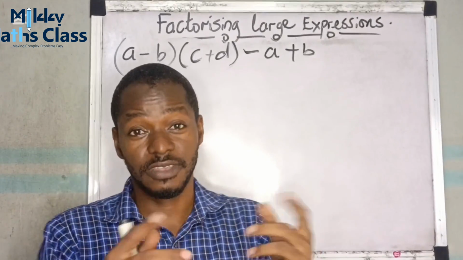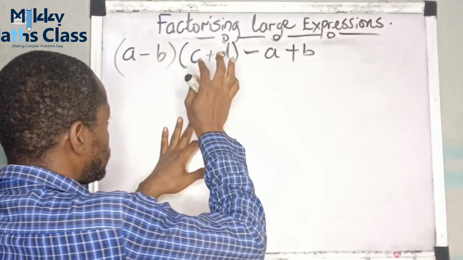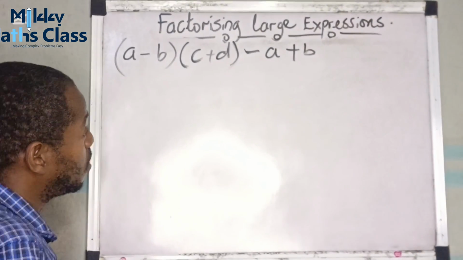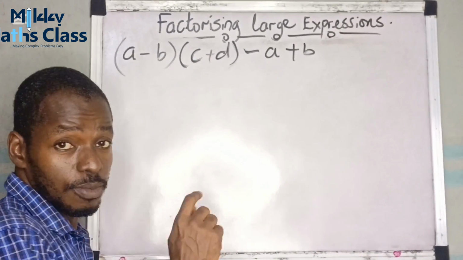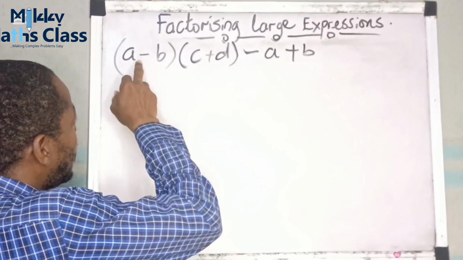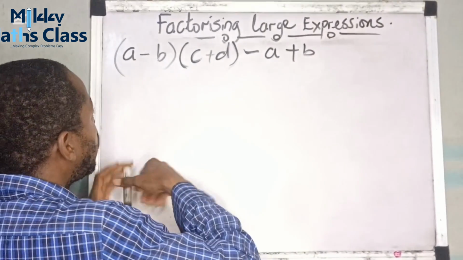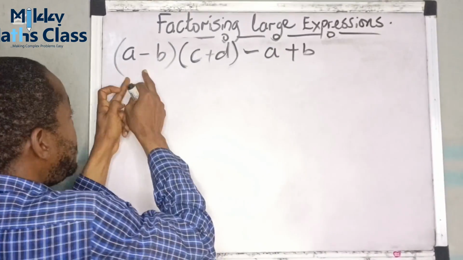All right, let's look at this example also. We have a minus b into brackets times c plus d minus a plus b. This is slightly different from what we have been doing, but not too much of a difference. We have a and b here, but here I have a minus b, but here I have a plus b. Now what I will do is make this negative a plus b be like this.